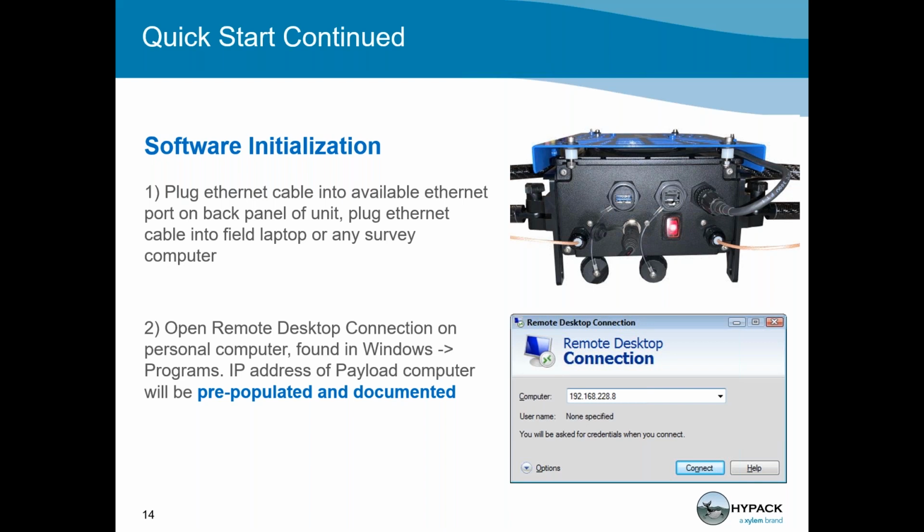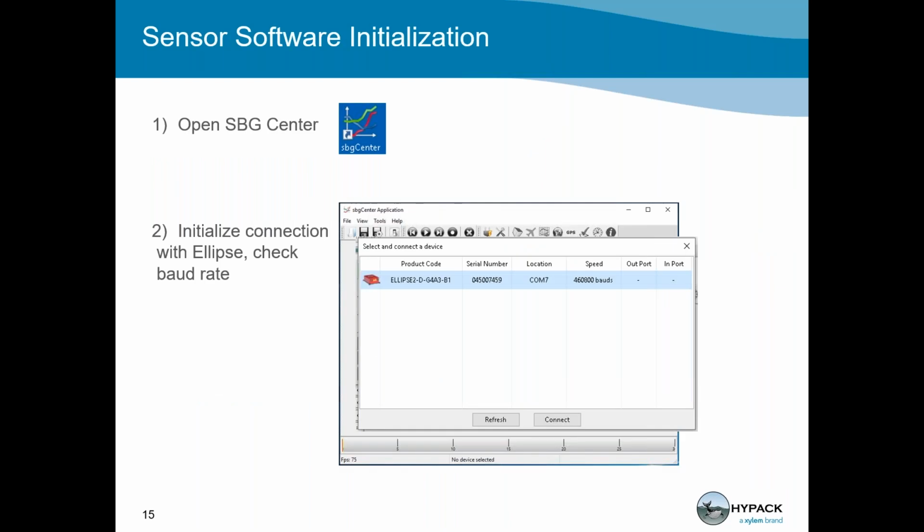And then you can use a Windows program, remote desktop connection, to open the internal computer of the payload. So this is just found in your Windows programs. You open remote desktop connection. The IP address should be pre-populated, but again, it'll also be listed in the documentation, so really easy to find.